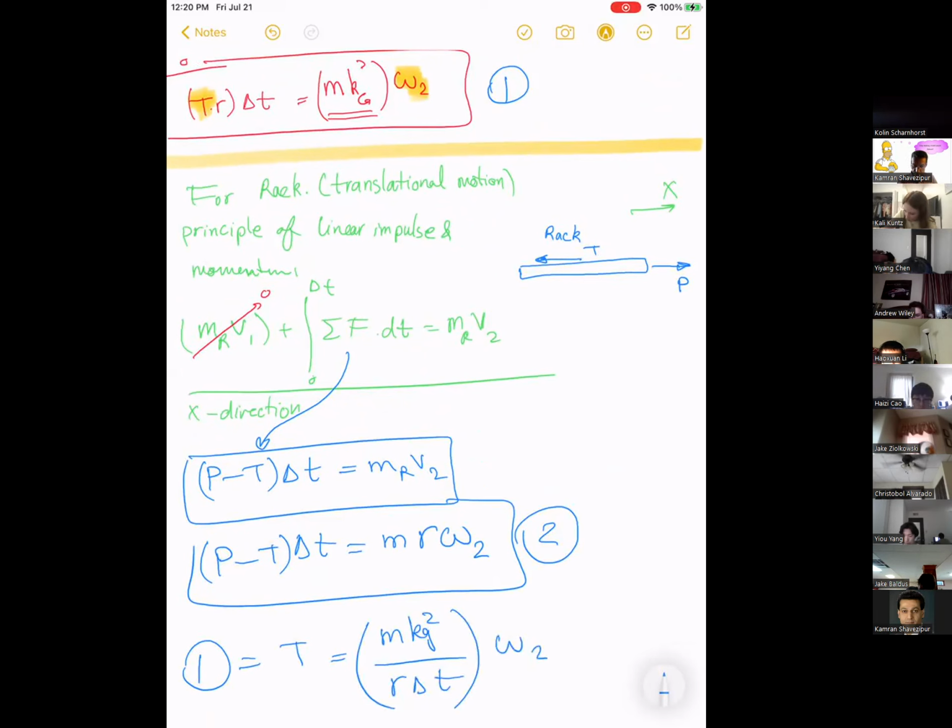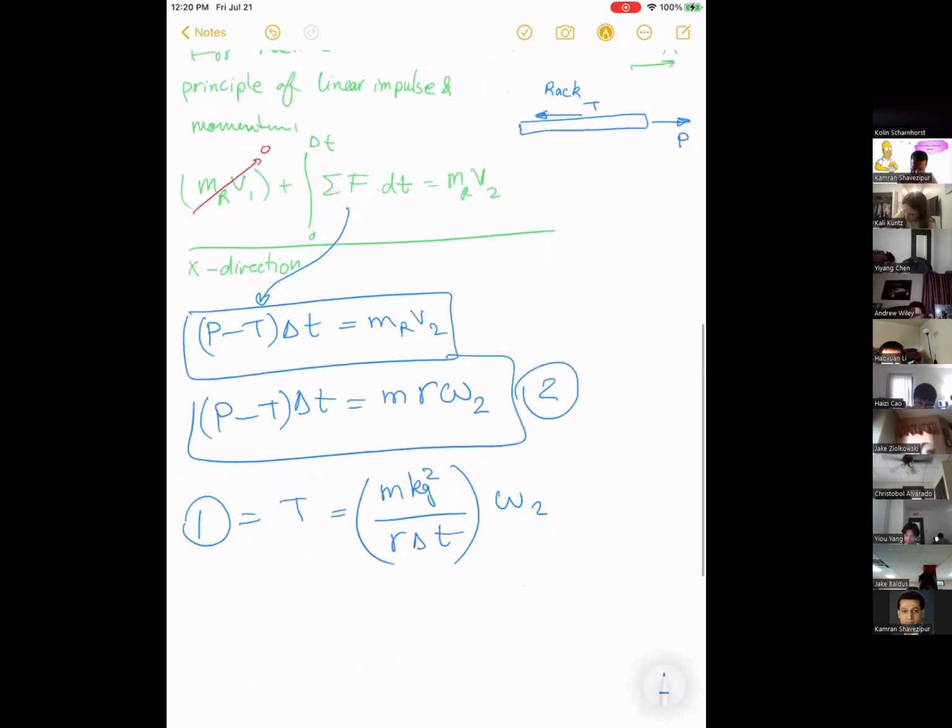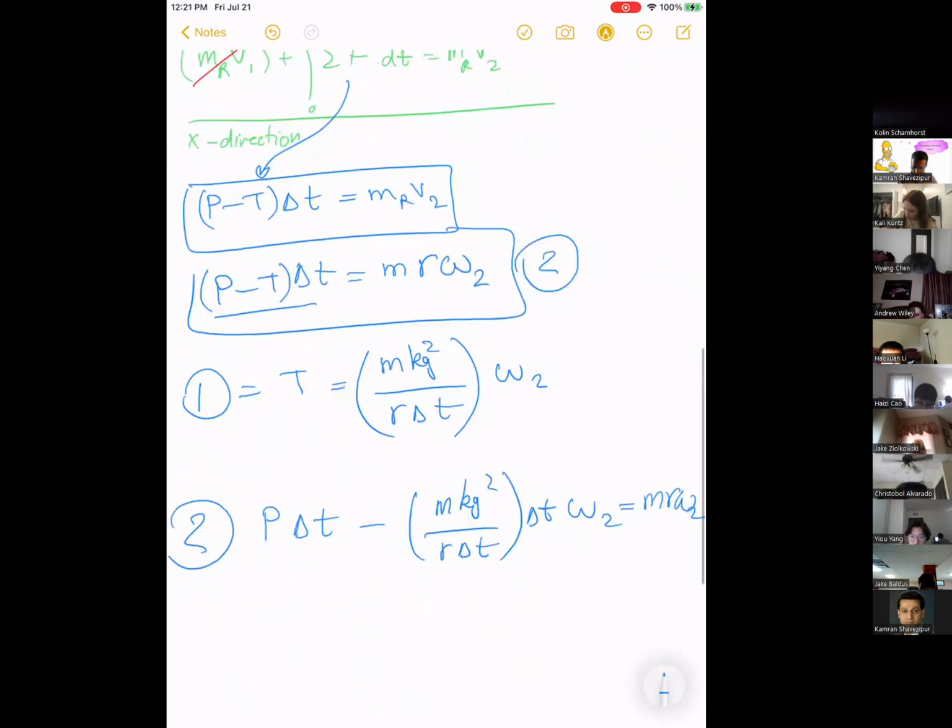And then substitute into 2: P delta T, I'm going to expand this, minus M k_G squared over R delta T times delta T omega 2 equals M R omega 2. And because you know omega 2, you can calculate delta T here. Let me just give you the final number because this is too easy. It's going to be 0.6125 second.